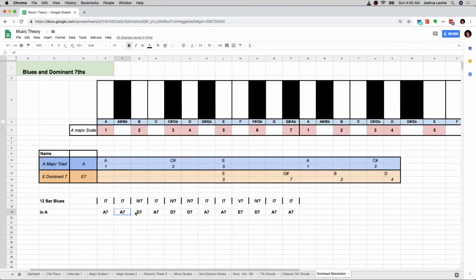We've got an A dominant seventh, a D dominant seventh, and an E dominant seventh happening in a song that is supposed to be in the key of A. Shouldn't it just be A, D, D, A, E7, D, A? Or better yet, wouldn't it be A major 7, A major 7, and so on, and D major 7, A major 7, D major 7?